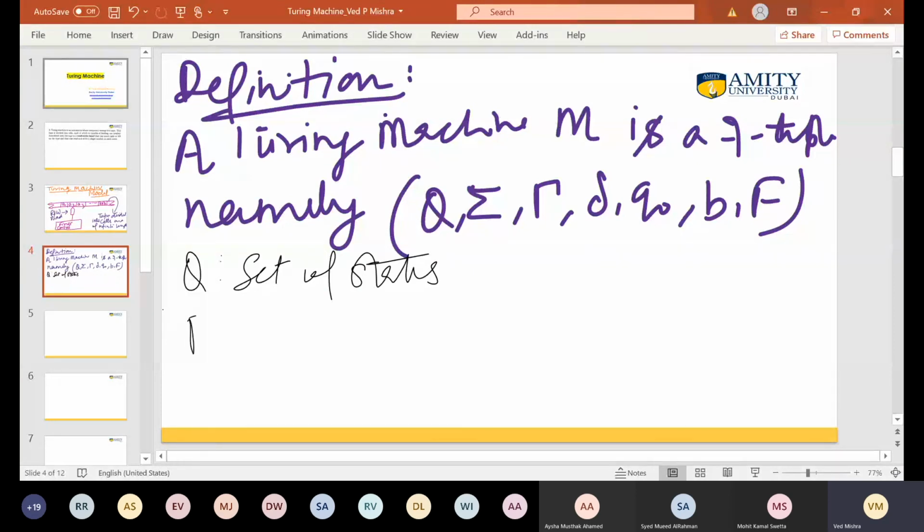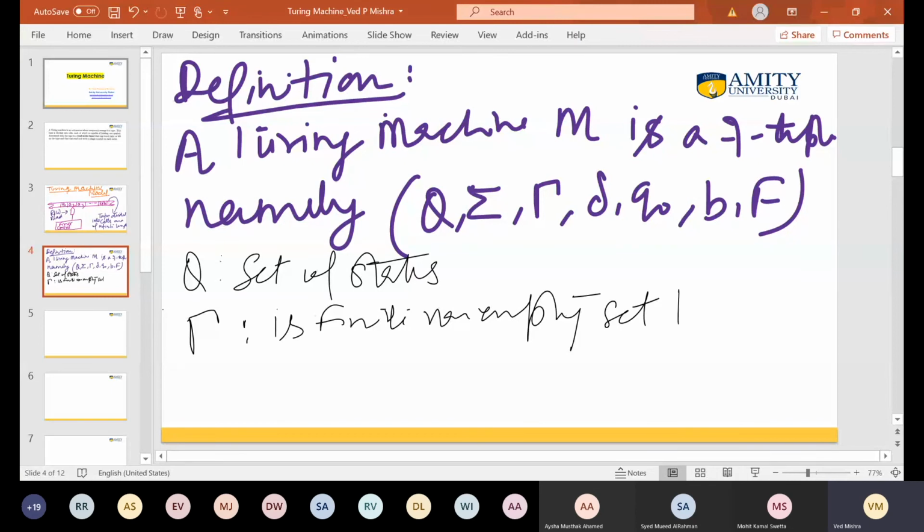Now this symbol which we are using here is a finite non-empty set of tape symbols.